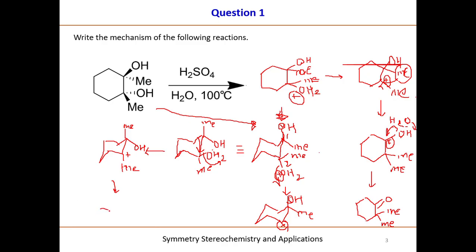So here we have it this way, right? This carbon will be migrated over here and this methyl group was present here earlier. Here methyl, here OH, carbocation. Okay.